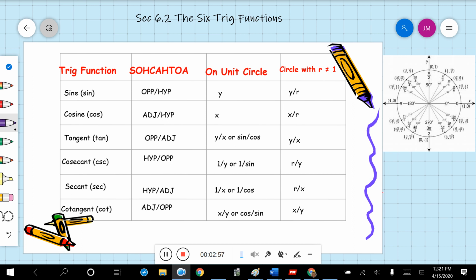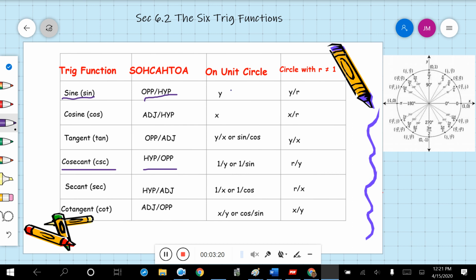Okay, so now to the ones that are new to you. We have something called the cosecant, which is abbreviated CSC. The cosecant is defined to be the hypotenuse over the opposite. So in relationship to sine, the cosecant is the reciprocal of the sine.